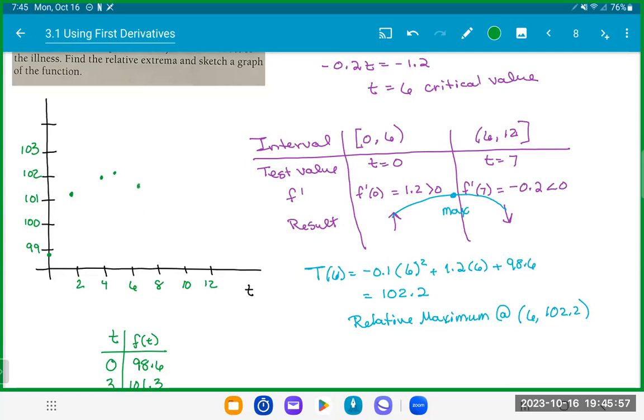And finally, at 12, we'll be back at 98.6, somewhere around right here. So you can see that the illness peaks out right here and then comes back down. Okay. Question.